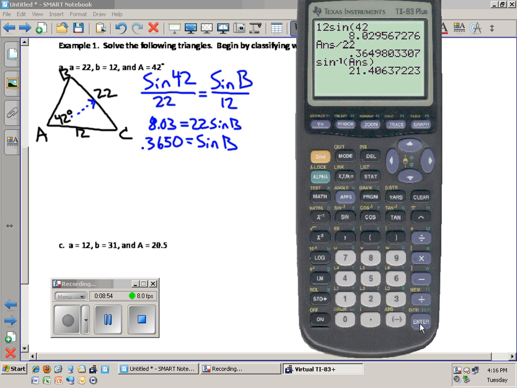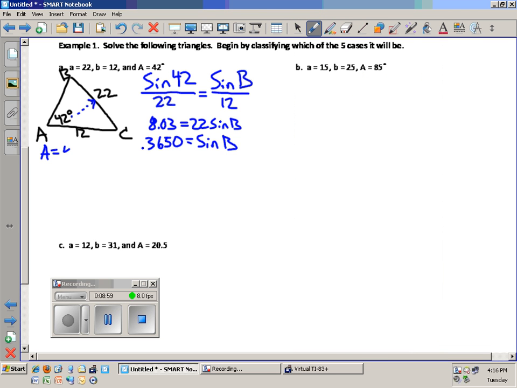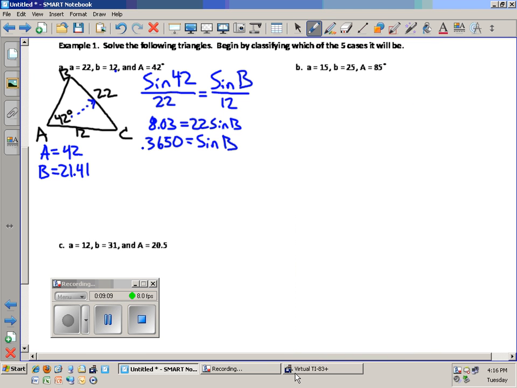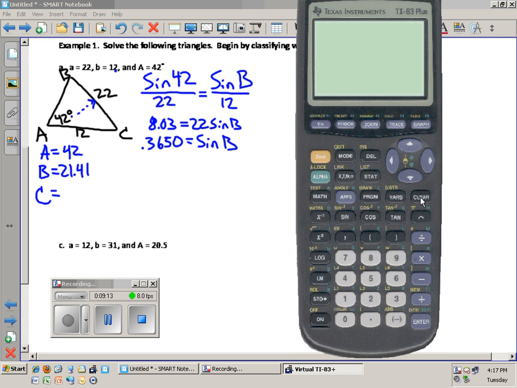Going to write that down. A is 42, B is 21.41. I think that was right. Finding C, I could take my calculator and subtract from 180. 180 minus 42 minus 21.41.